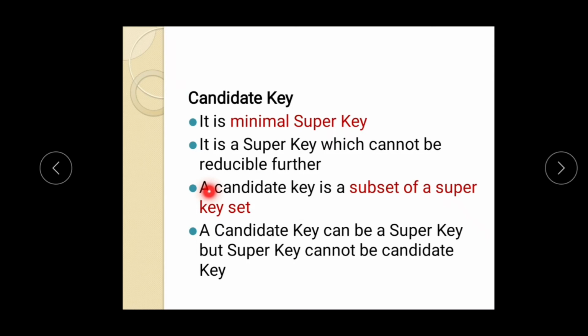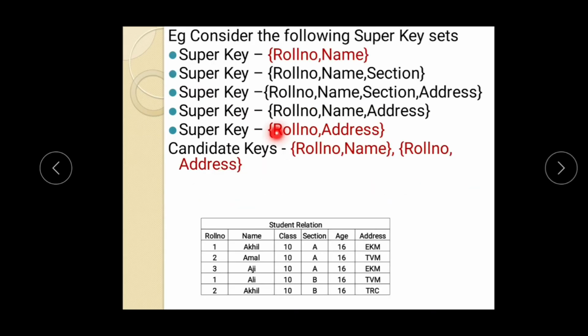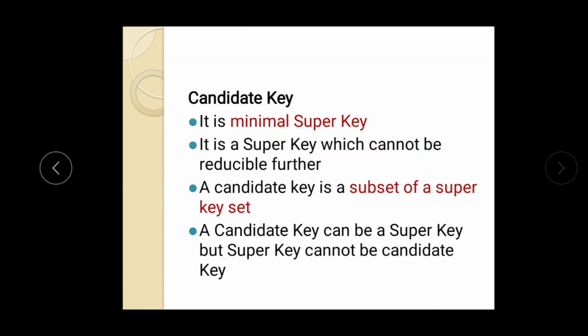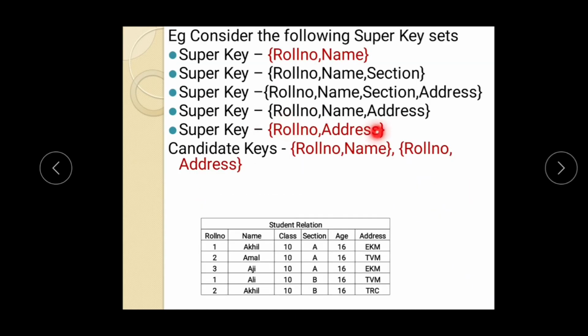Okay, next concept: a candidate key is a subset of the super key set. Is it right? Yes. Candidate key is a subset of the super key. So this is a super key, and this is also a super key.